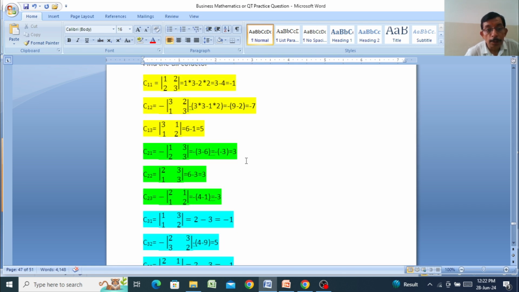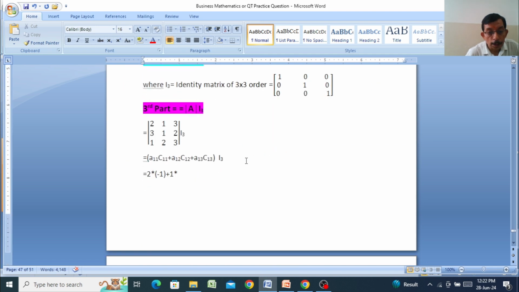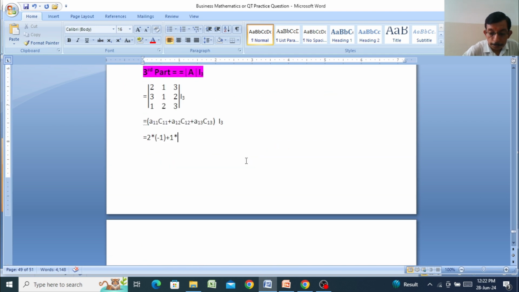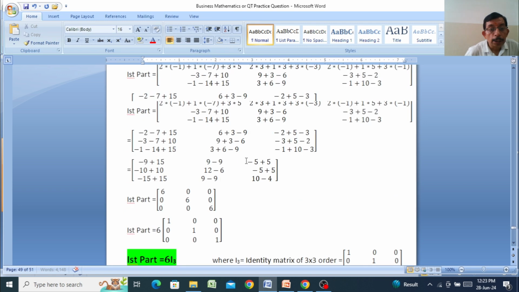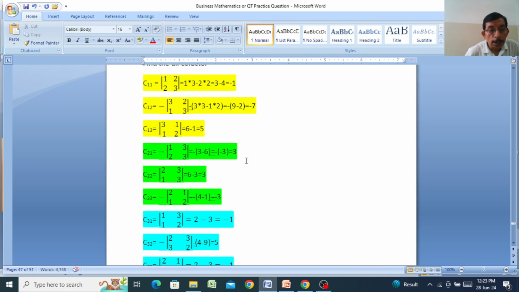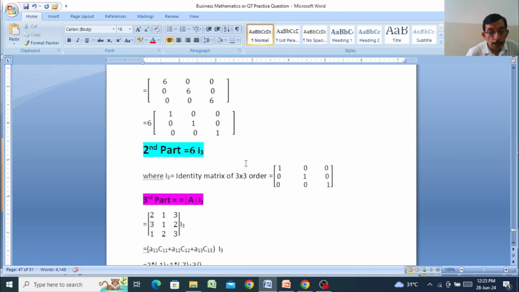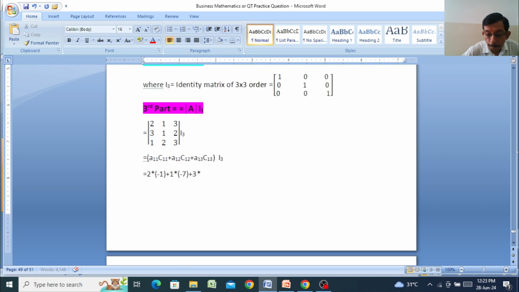C12 is -7. Note down -7, plus A13 is 3 and the cofactor C13 is 5, note down 5. Close the bracket and multiply by the I3.